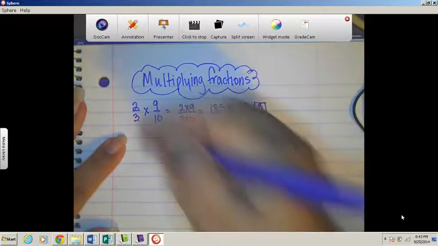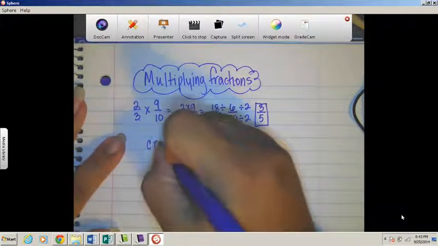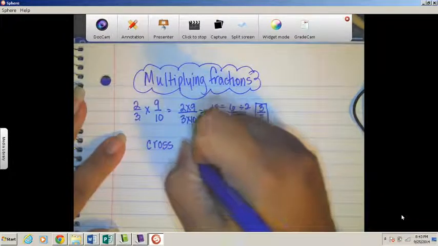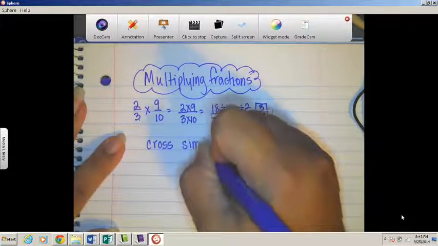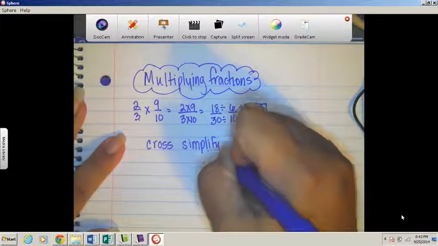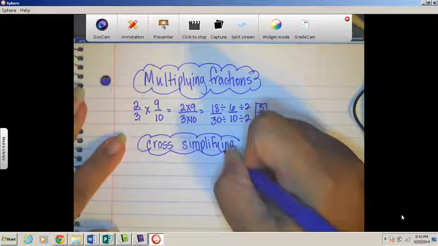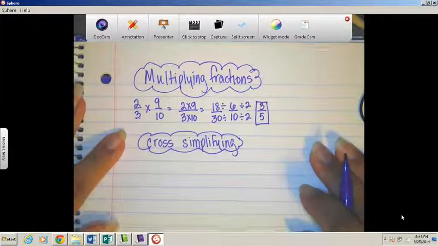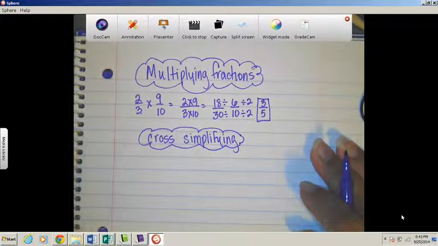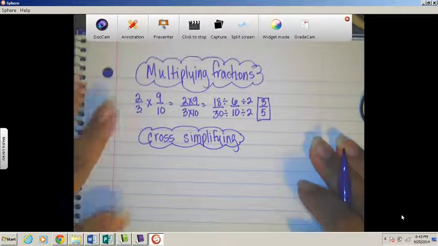Another way is to use cross simplifying. Cross simplifying just means that we are going to simplify before we multiply, and we're going to do it at a diagonal.